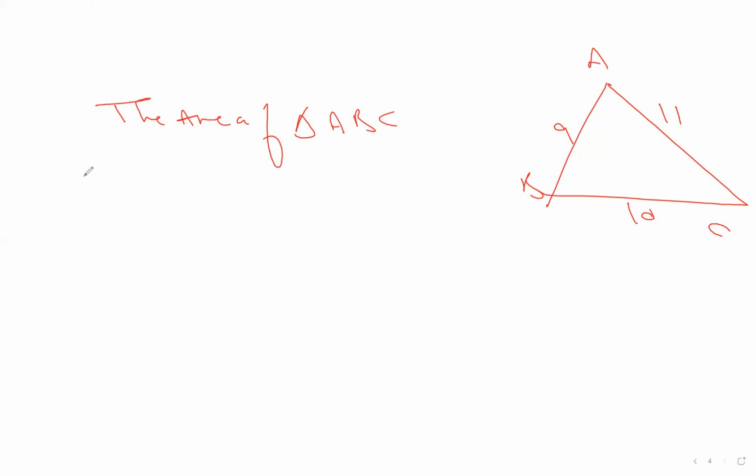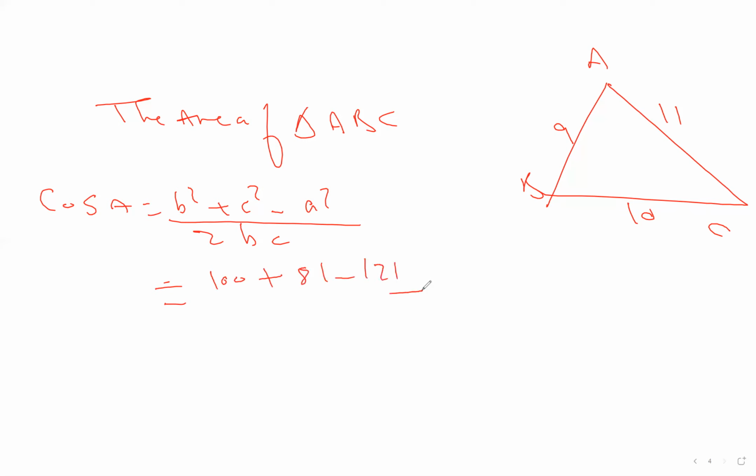For example, find the measure of angle A. You have three sides, then you have to use the cosine rule, not the sine rule. Cosine A equals B squared plus C squared minus A squared over 2BC. Substitute: 100 plus 81 minus 121 over 2 times 10 times 9.